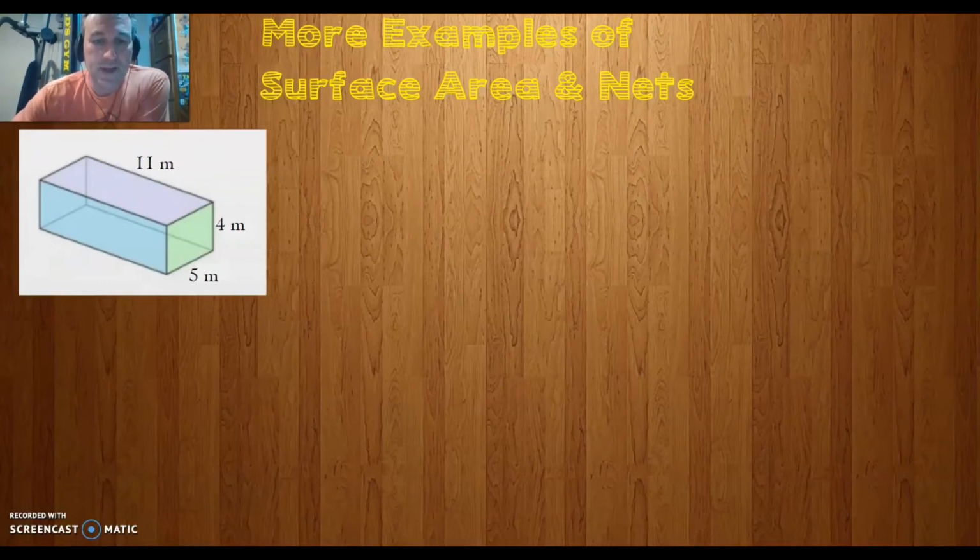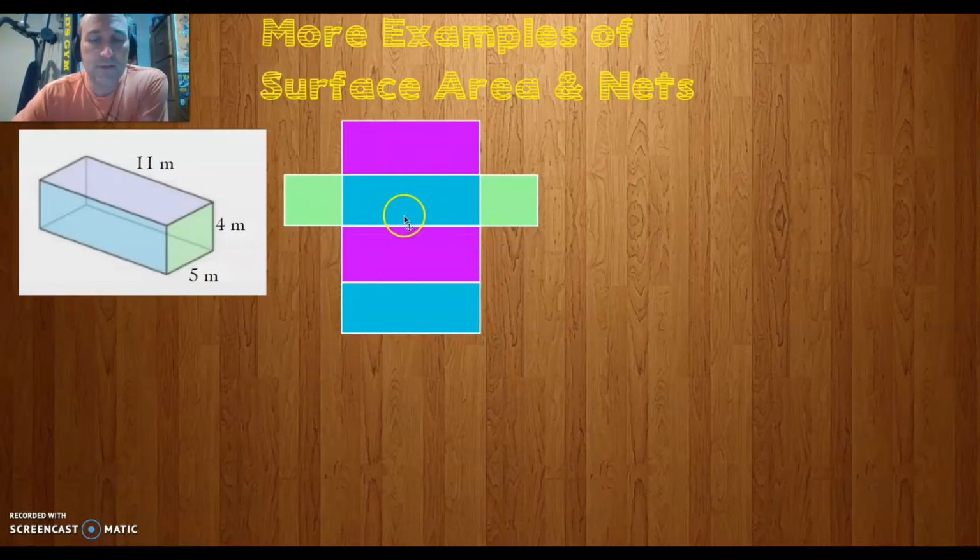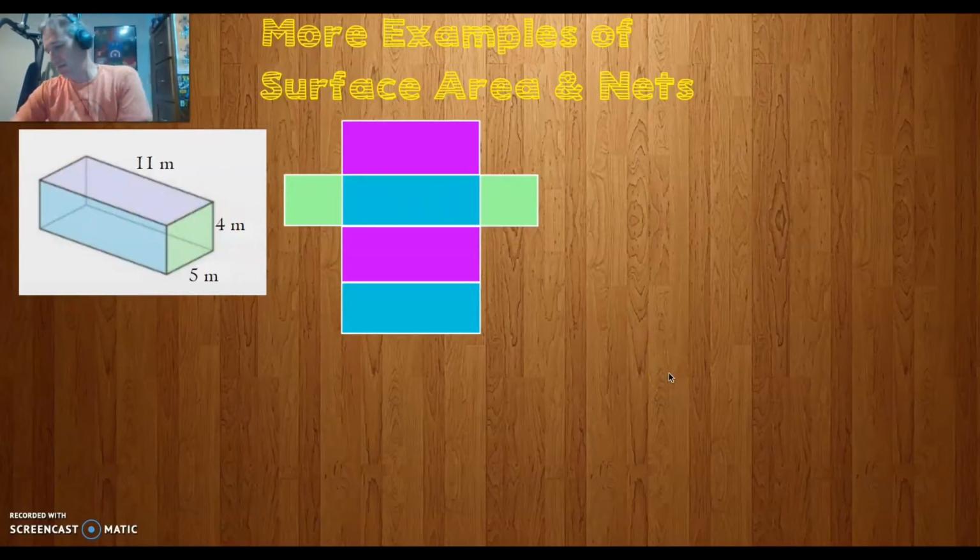So I created the net for this drawing out of all rectangles, and I tried to color code match them here. So this purple color would be these sides, and this bluish would be here, and then the green ends of the box, you could say, would be right here. So let me get my pen. And what we want to do is write down all of the measurements for each of the lengths of the rectangles.